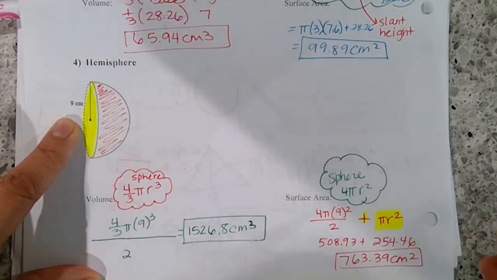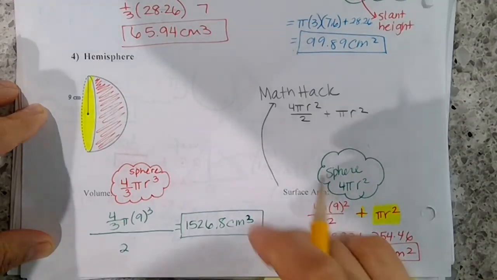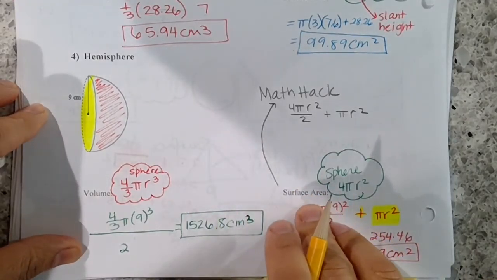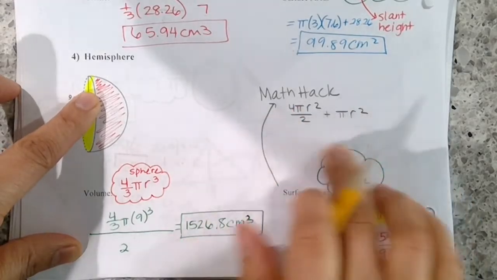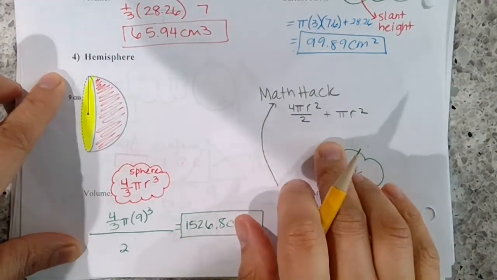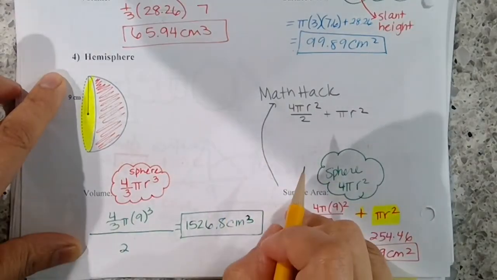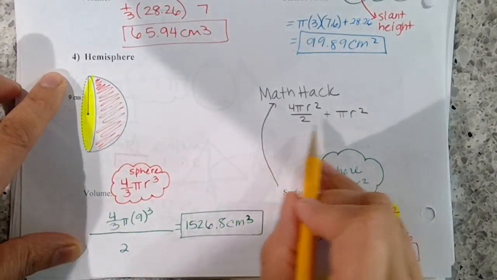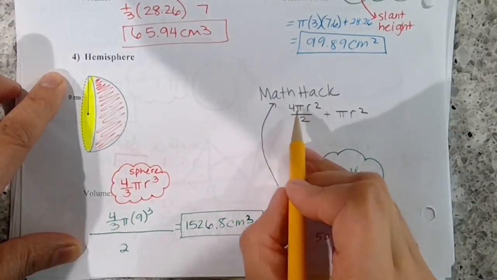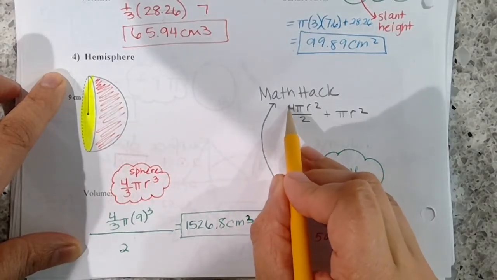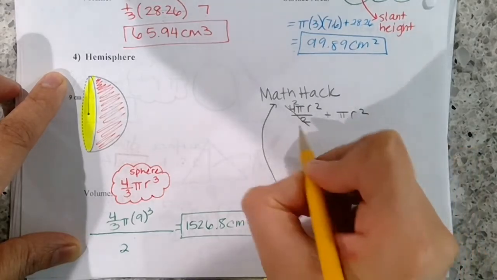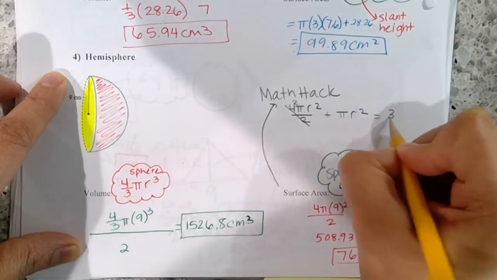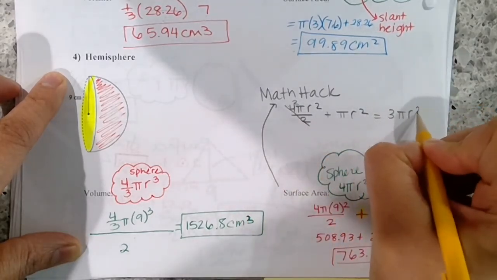Now, there is a math hack. Let me write that down. All right, so a shortcut for the surface area of a hemisphere. I am not encouraging this, but if you see it, and Noah in our 5th period class, he actually did come up with this. So 4 pi r squared, this will always reduce to 2 pi r squared. 2 pi r squared plus pi r squared is 3 pi r squared.